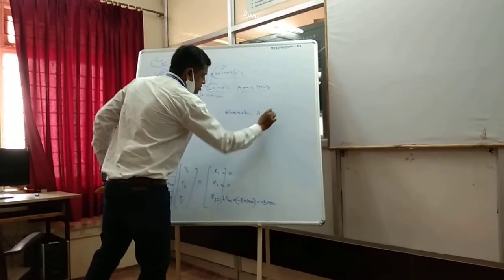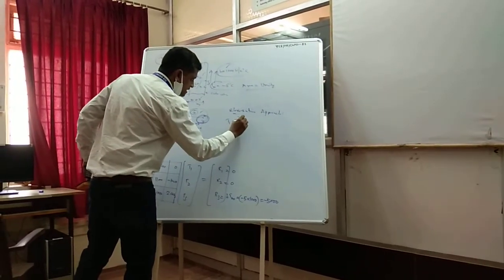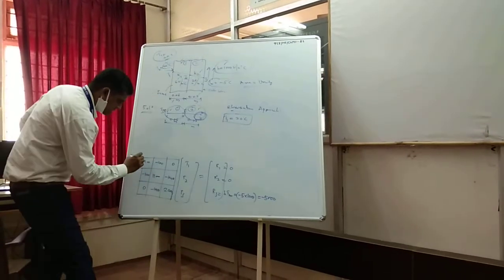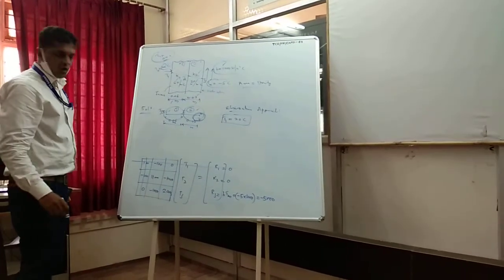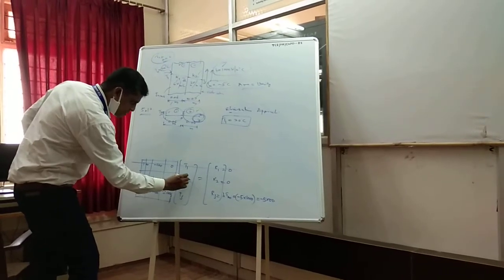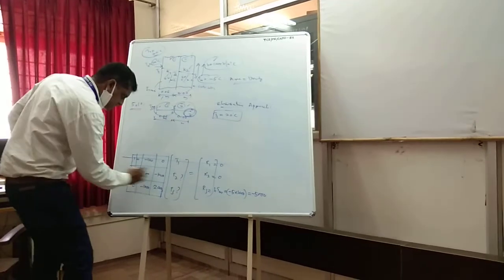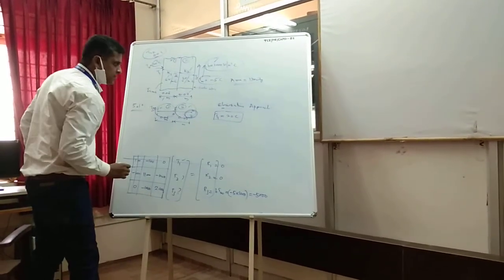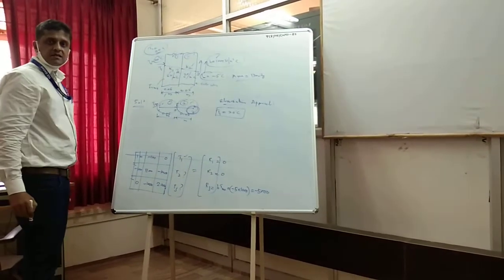Using the elimination approach, the boundary condition given is at node 1, that is T1 is 20 degrees Celsius. Hence eliminate the first row and first column. Only the remaining two equations have to be solved for T2 and T3. Since T1 is a non-zero boundary condition, in the remaining two equations we should consider the cancelled terms also.